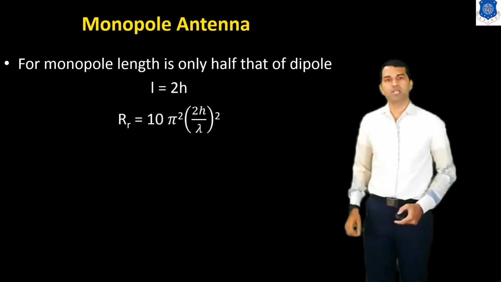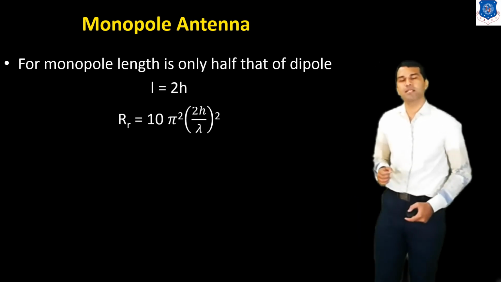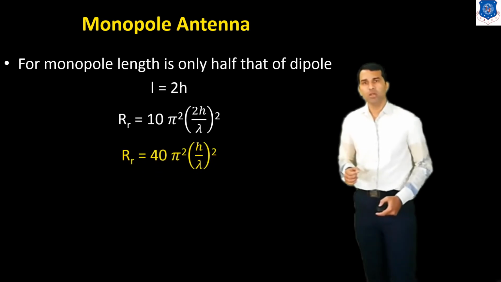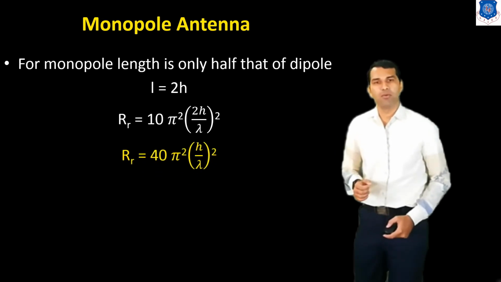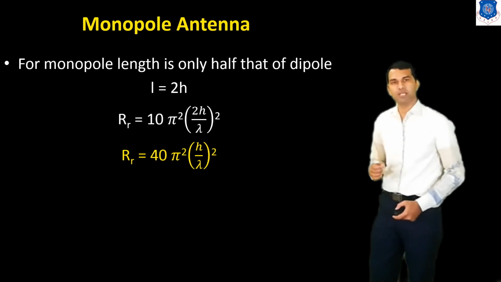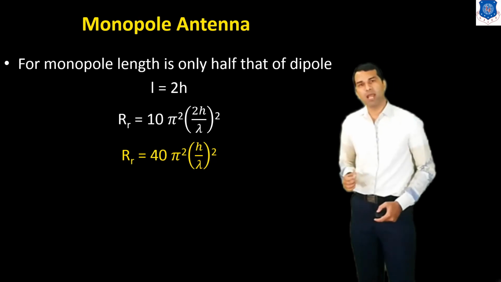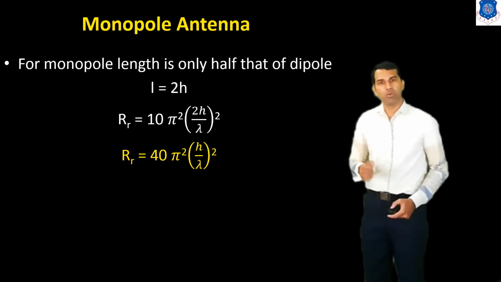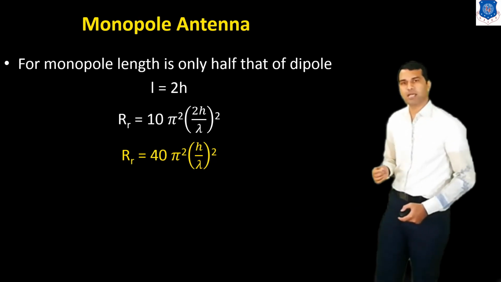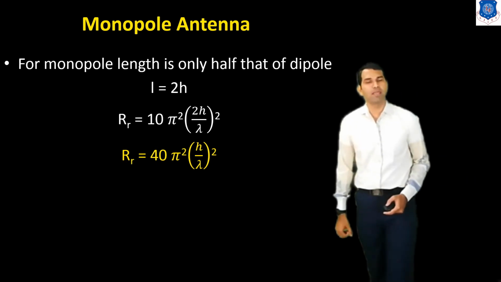Now we substitute that value in the radiation resistance equation. Instead of L we put 2h, so we get RR is equal to tan π² (2h/λ)². So we get radiation resistance RR is equal to 40π² (h/λ)².